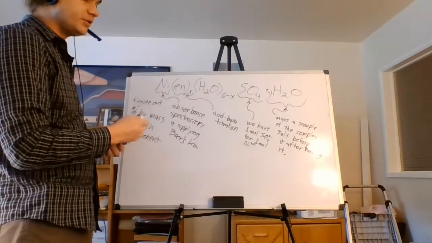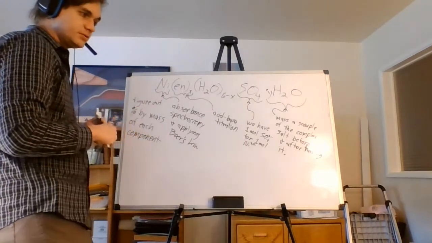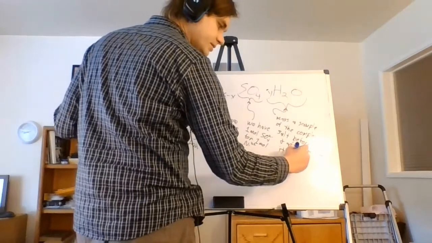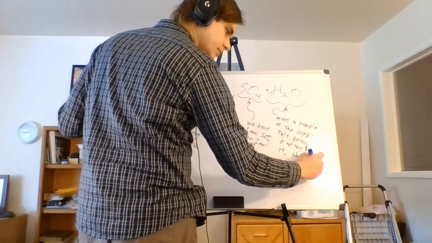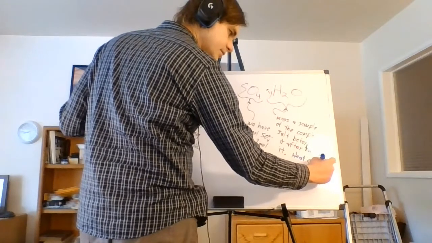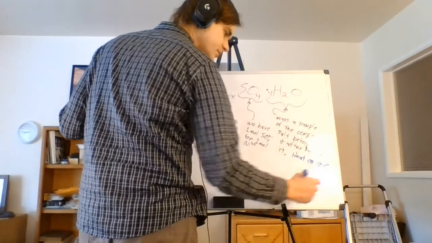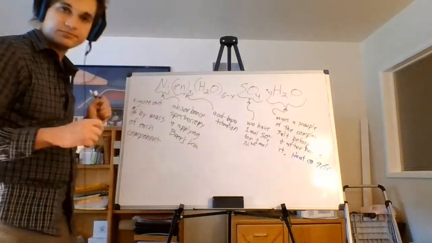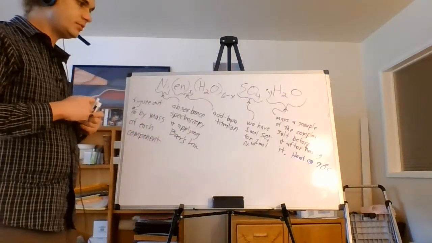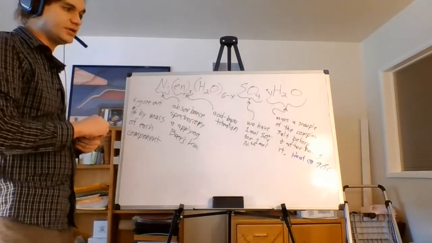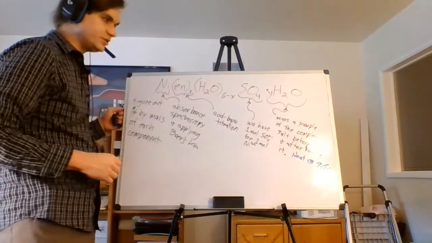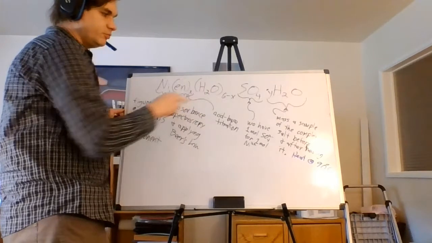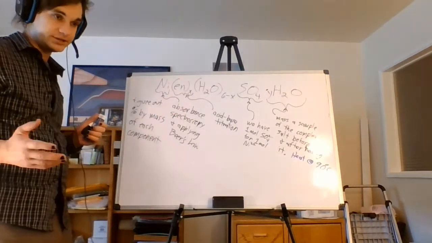So what we're going to be doing with that one is heating it at 90 degrees C in order to drive them off. Because 90 degrees C is hot enough to force the waters of hydration to leave without actually removing any waters that are present as ligands.